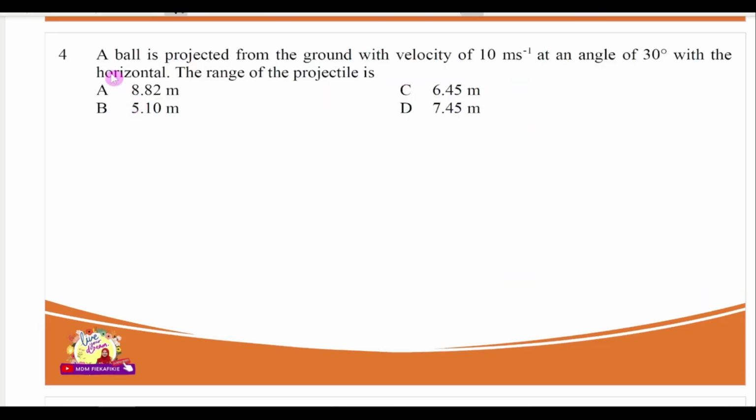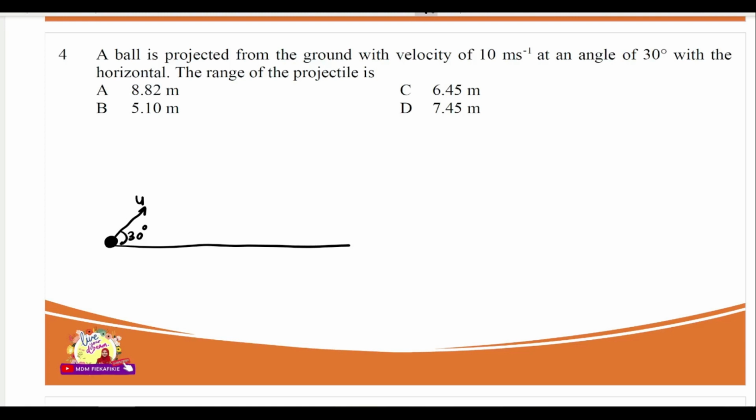Alright, question number 4. Here we have a ball projected from the ground with velocity of 10 meter per second at an angle of 30 degree with the horizontal. So the range of the projectile is, let's say this is the ground and this is the ball, projected at an angle of 30 degree.